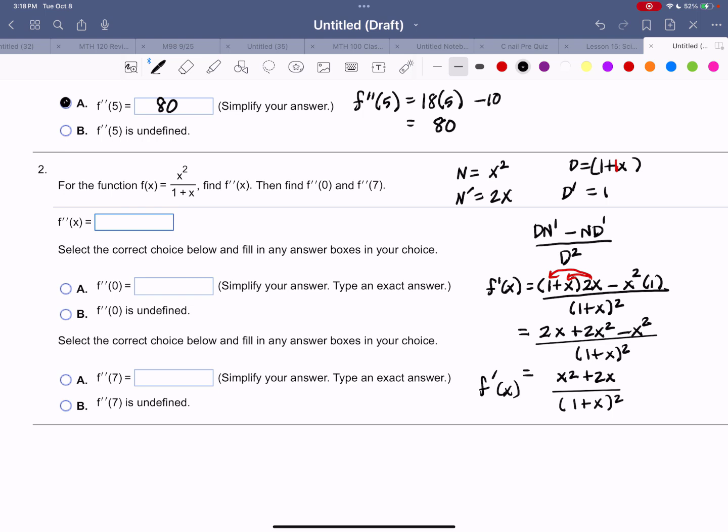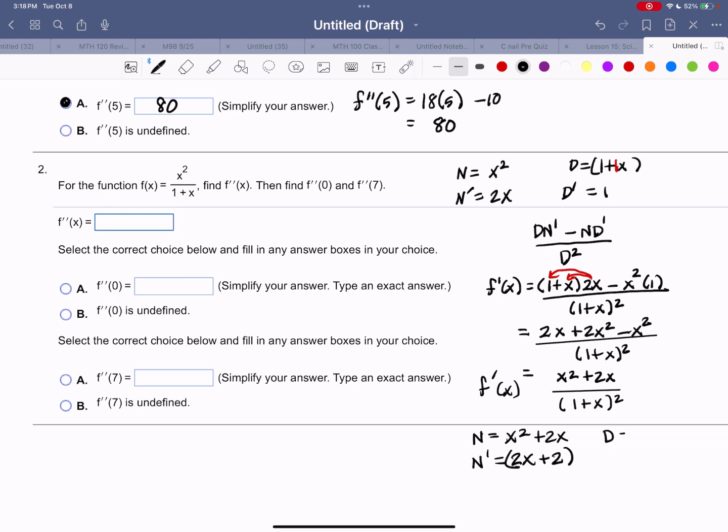To find the second derivative, I have to now identify my numerator, my denominator, and continue through with the process. So my numerator is x squared plus 2x. My numerator's derivative is 2x plus 2, and since that's a binomial, I'm going to put it in parentheses.